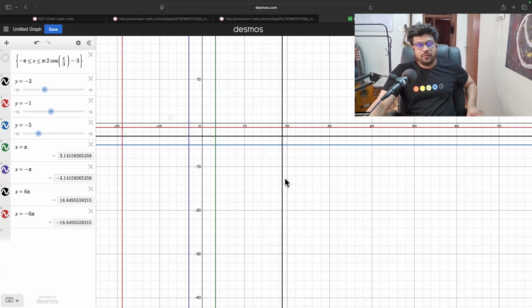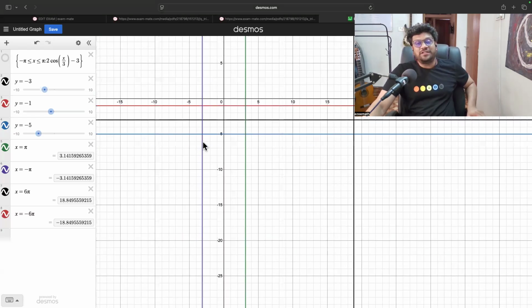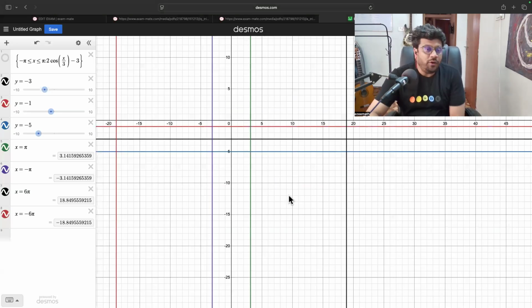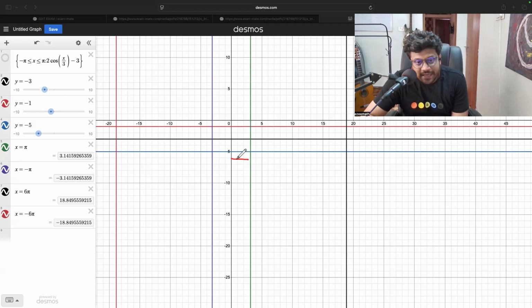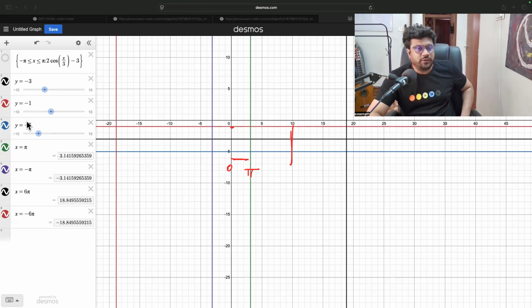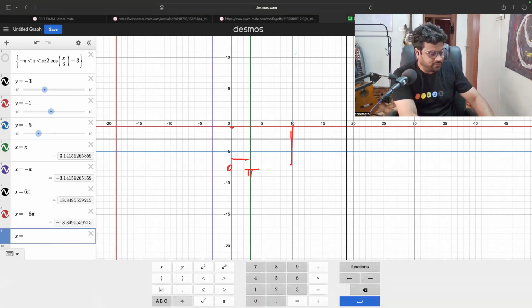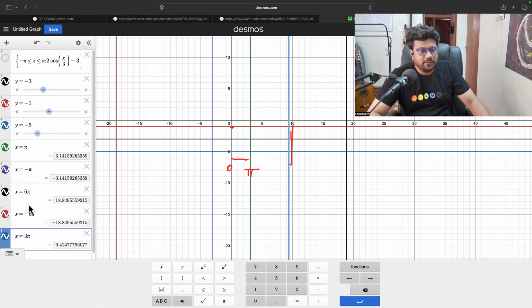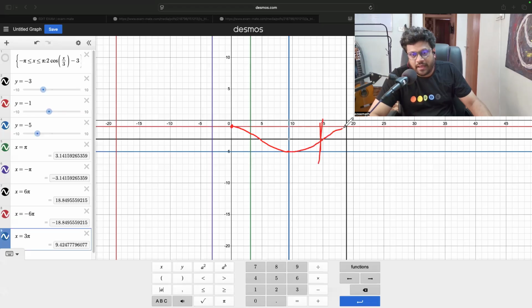But I'm going to have to draw it between minus π and π. So this little gap between 0 and π is only supposed to contain 1/6 of the wave. Let's just locate x equal to 3π. A wave which could have gone from here to here like that and then back up like that.